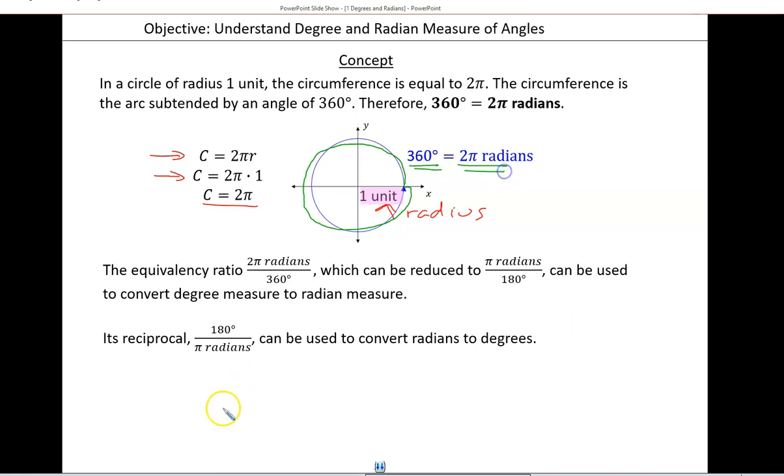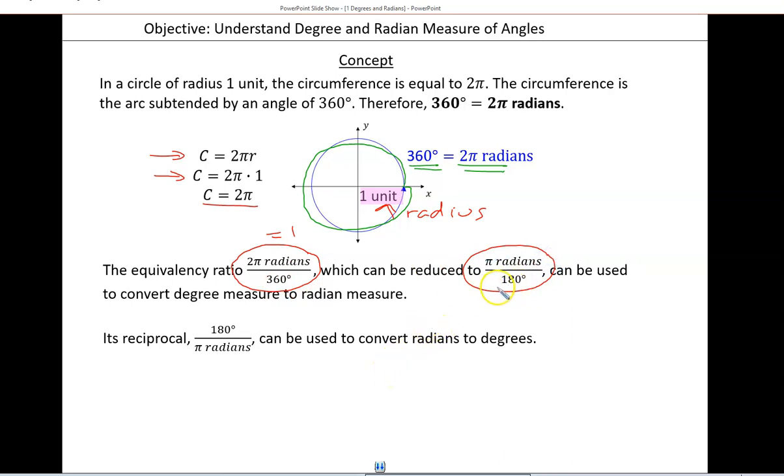Now this is why we care, because that actually creates an equivalency statement that we can turn into a conversion ratio. Because if we take a ratio of 2 pi radians over 360 degrees, that equals 1, because they're equivalent to each other. And then we can actually reduce that, because 2 is a factor of 360, so it becomes pi over 180 degrees.